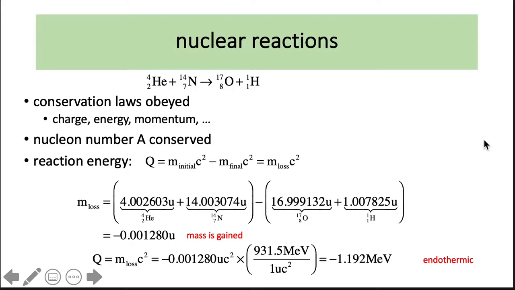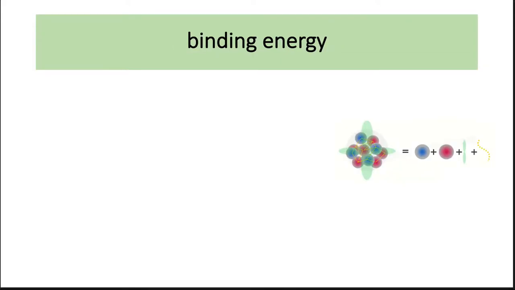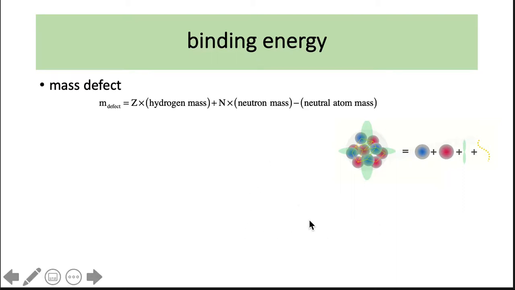There's a quantity called binding energy for a nucleus. Binding energy is how much energy is associated with the nucleons being bound into that nucleus. So you calculate it like this.